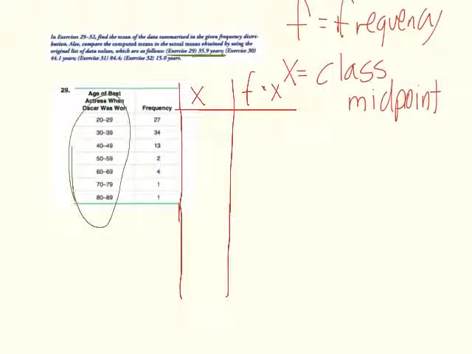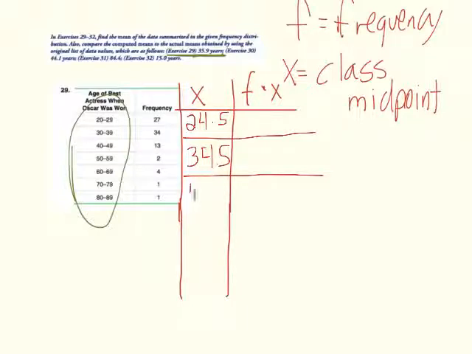All right, so let's find our class midpoints for each one. Okay, so what we would do is 20 plus 29 divided by 2. And you're going to find that that's equal to 24.5. And then our next one is the midpoint of 30 to 39. And as you can probably tell, that's going to be 34.5. And we can just use that same pattern on down.